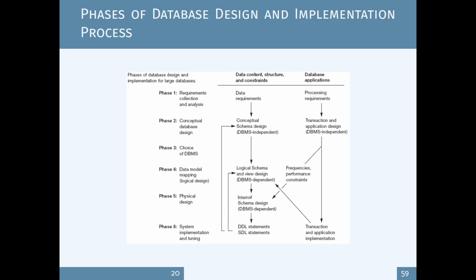Right, phase three, phase four, phase five, you can notice the other ones. In phase three, you choose the database. Then in phase four, we have to map it. All the requirements that you have identified as a conceptual design should be mapped into logical design.